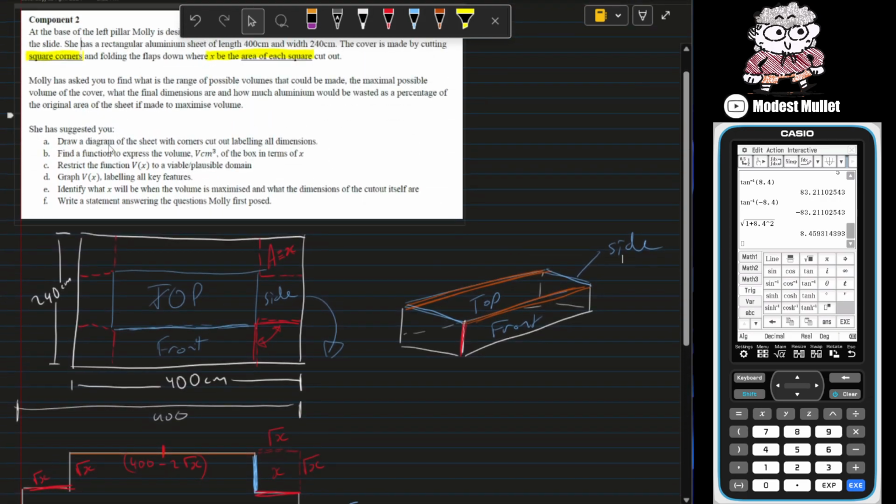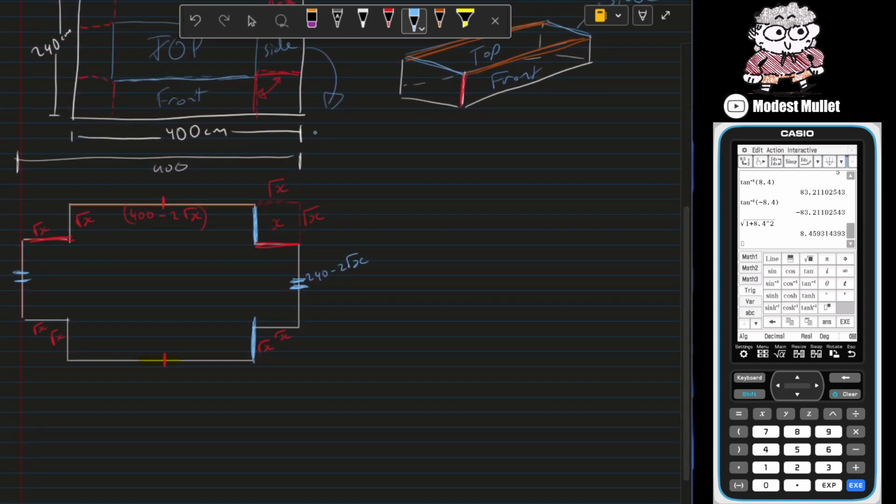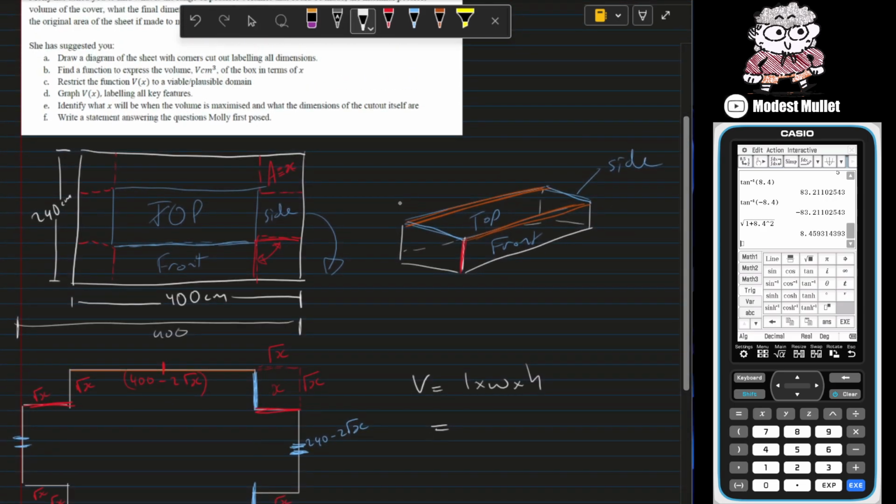So we've done draw the diagram to shape the corners. Now find the function to express the volume V centimeters cubed of the box in terms of x. Well, the volume of any box is length times width times height. We've figured out that going across here is 400 minus 2 root x.